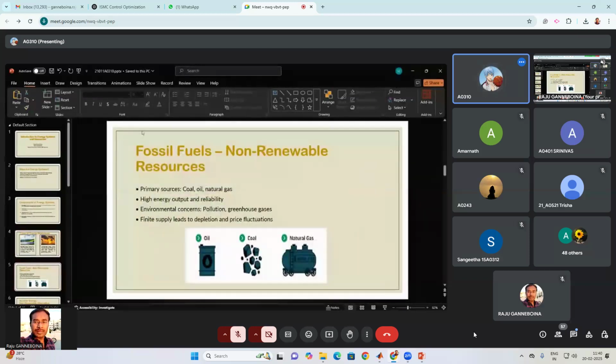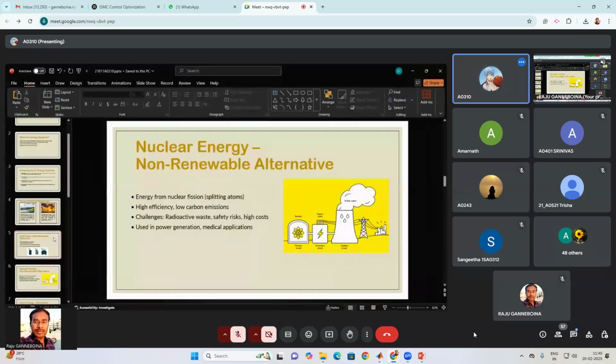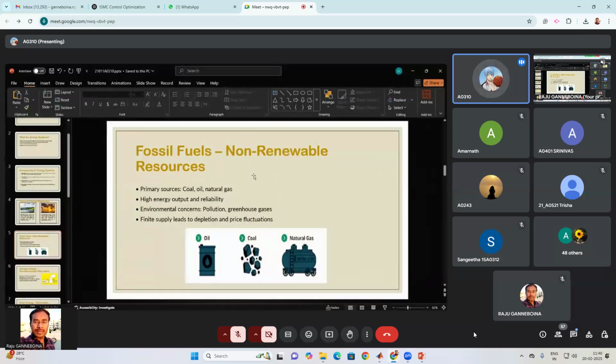Fossil fuels. We look into some examples of non-renewable and renewable, two from each. Fossil fuels are non-renewable energy sources. Basically, coal, oil, and natural gas are the most popularly used.